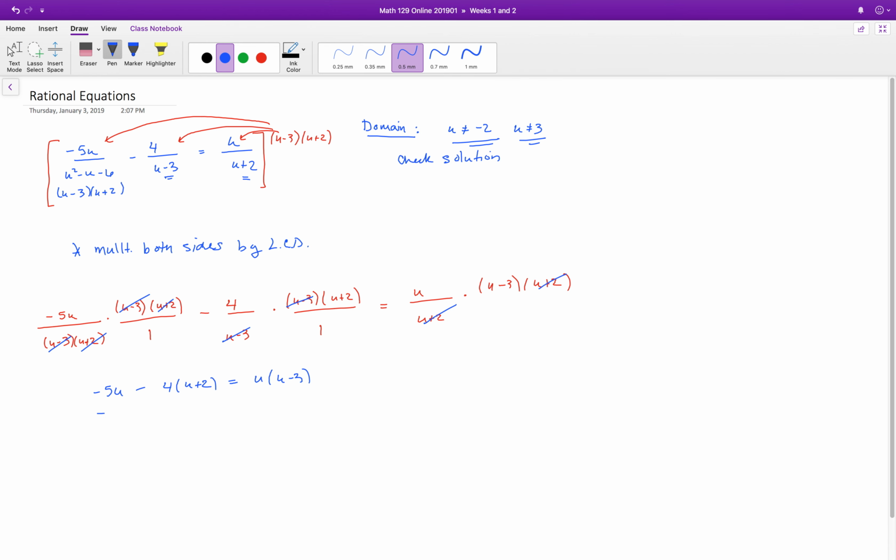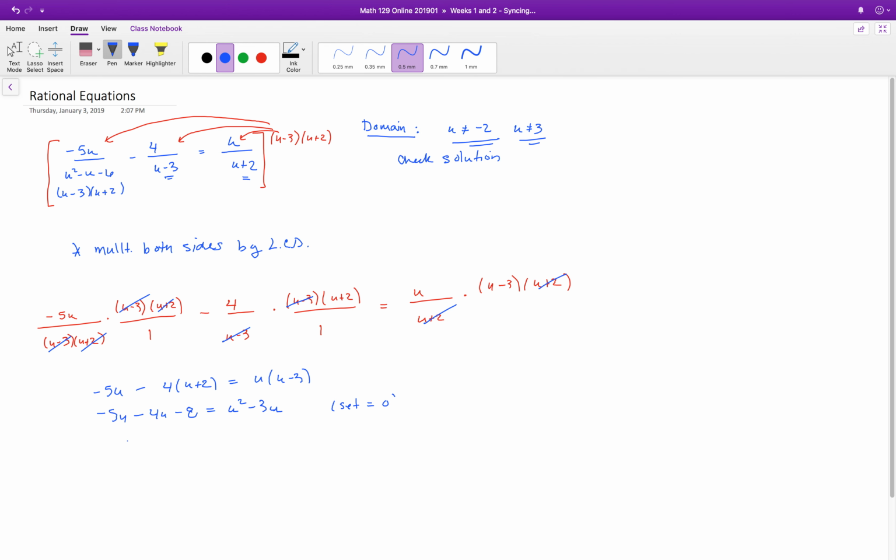So let's go ahead and clear those parentheses. So u squared minus 3u. I see that u squared term, which indicates I'm going to be solving a quadratic. A good strategy is to set this equal to 0 at this point. Because I'd like to keep the u squared term positive, I'm going to take these terms to the other side.